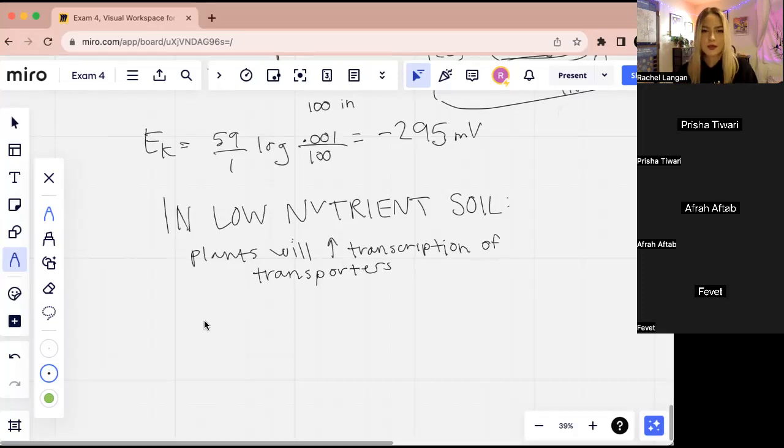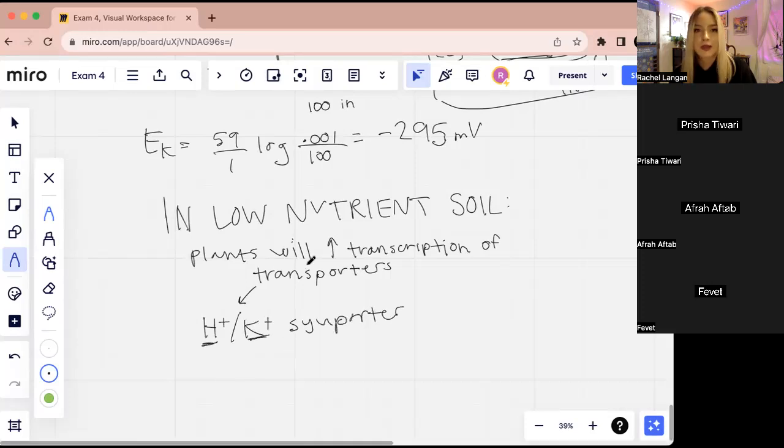Great, this is awesome. This solves all the problems. Why? So transporters could mean, for example, a hydrogen potassium symporter. So remember, that's something that uses the concentration gradient of hydrogens to actively pump in this other ion.